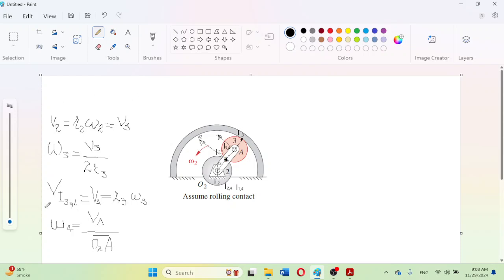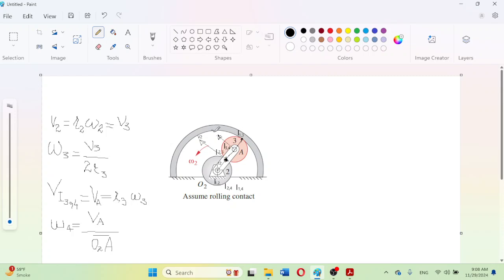So students are directed to assume some suitable data, and we will be calculating the magnitudes and orientations. Here, as we can observe, the orientation of omega 4 is crystal clear at this moment. This is the velocity direction of VI3,4 and VA.